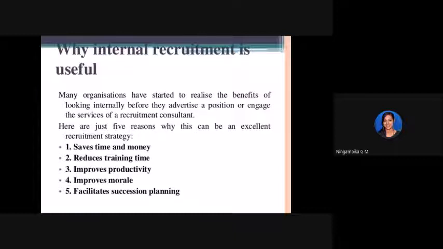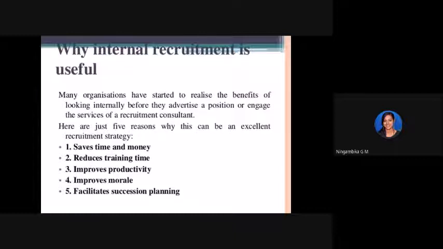How is it applicable? Let me give an example. If there is an opening for an assistant HR manager, they will try to look for a person inside the organization with a well-settled handful of experience, or through employee referrals. When you get that person from inside, the interview process takes less time, and the money invested in recruitment advertising on job portals can be reduced.